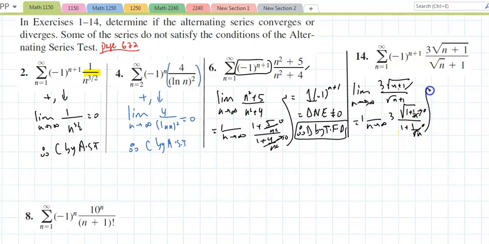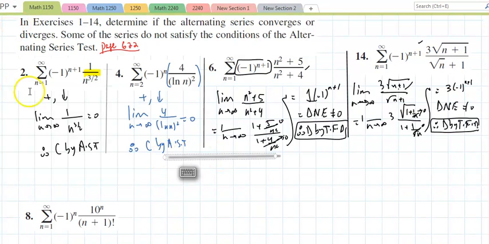That's a 0. So I'm going to get the limit to be 3, but again, it's attached to negative 1 to the n plus 1, which means the limit does not exist because of oscillation, which doesn't equal 0. Therefore, it diverges by the test for divergence. Again, it would be a challenge to show that this is decreasing, because it's not decreasing, but then you're going to take the derivative, and that's going to be a lot of work.